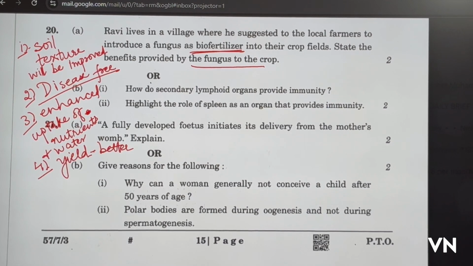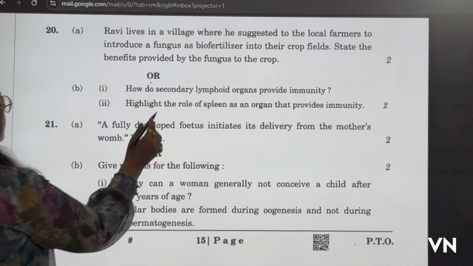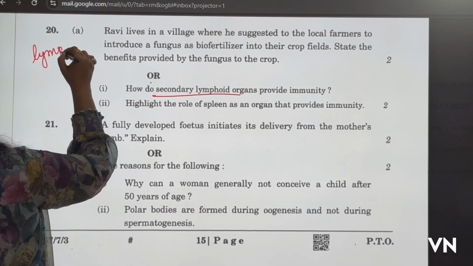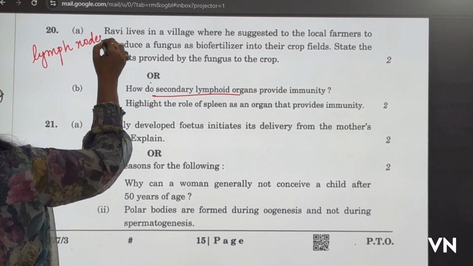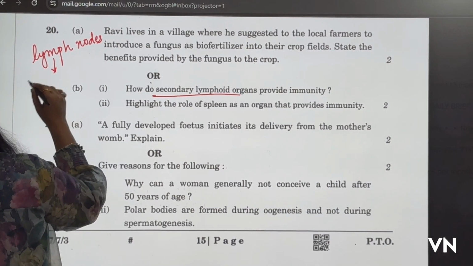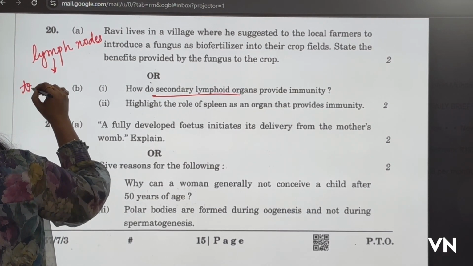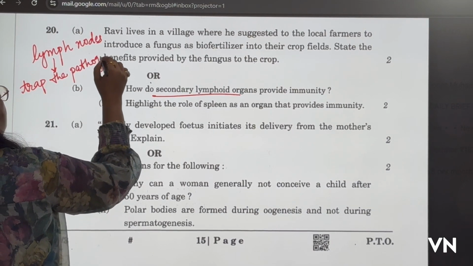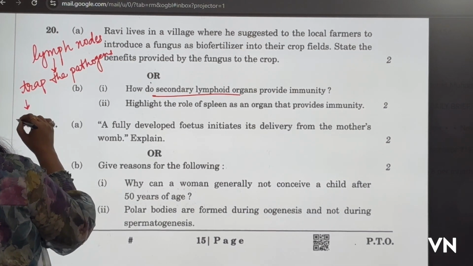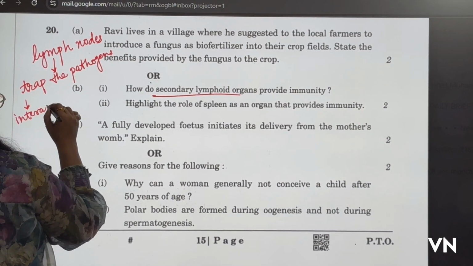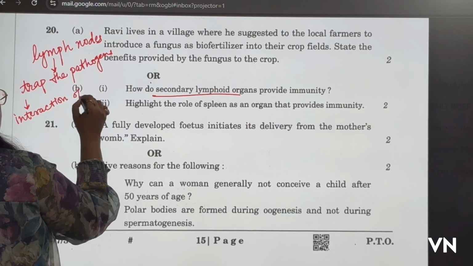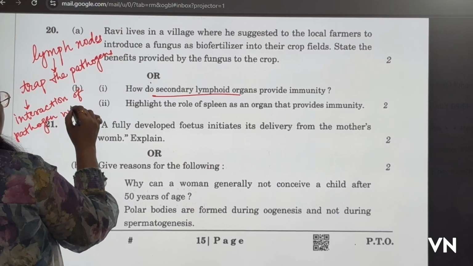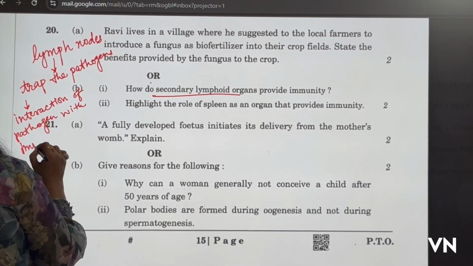How do secondary lymphoid organs provide immunity? Secondary lymphoid organs like the spleen and lymph nodes actually trap the pathogen, and in these organs there is interaction of the pathogen with immune cells.